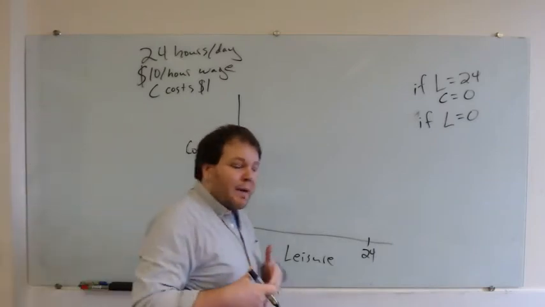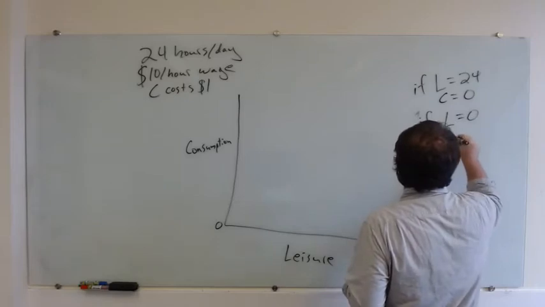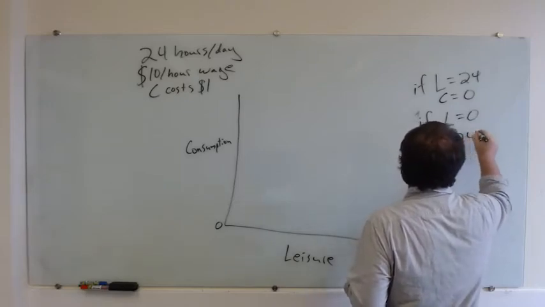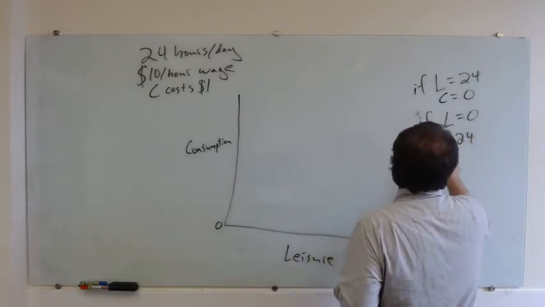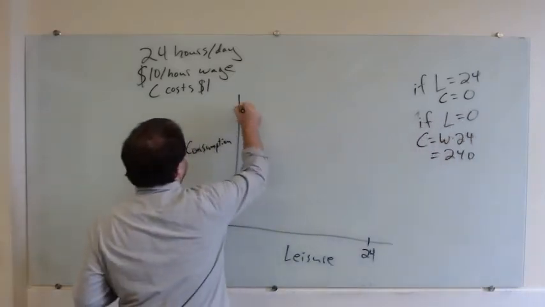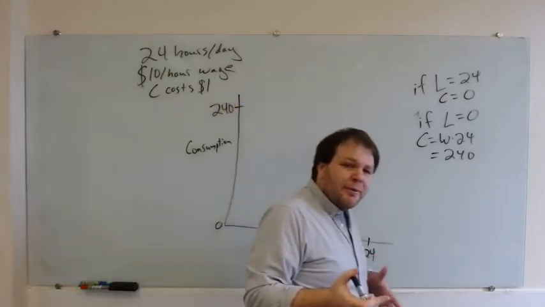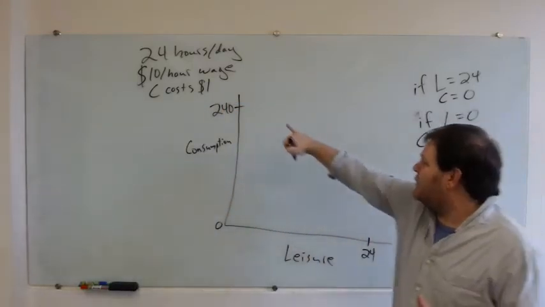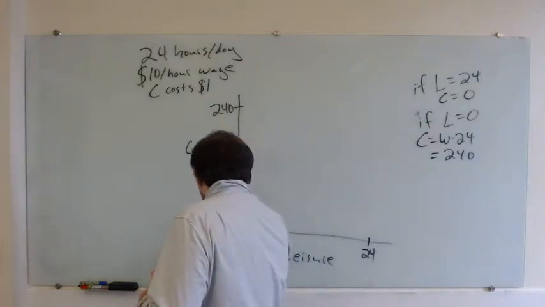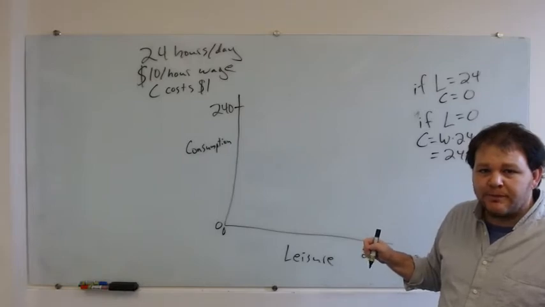I could afford my income, my wage times 24 hours, the amount of time that I spend working, which is going to be 240. So I spend all my time working, I take no leisure whatsoever, I could afford to have 240 units of consumption, but then I would have no time in leisure. I spend 100% of my time at work.